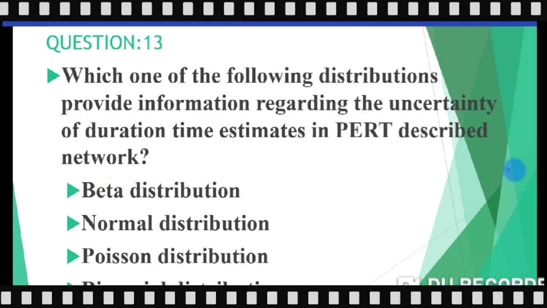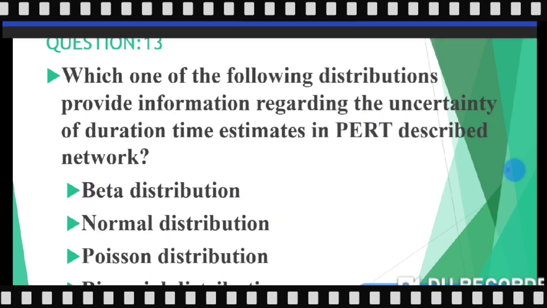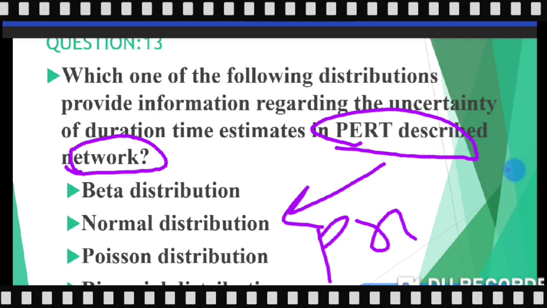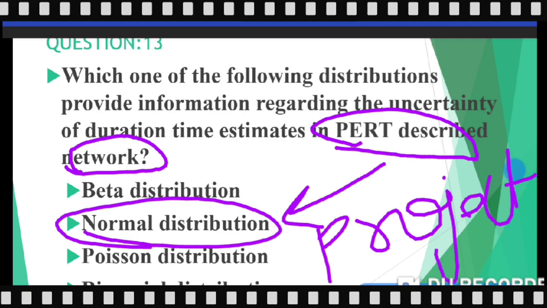So please read once again. Which one of the following distributions provides information regarding the uncertainty of duration time estimates in a PERT described network? It is talking about a PERT described network, which means it is talking about the whole project. So which distribution does the whole project follow? Normal distribution. Simple.